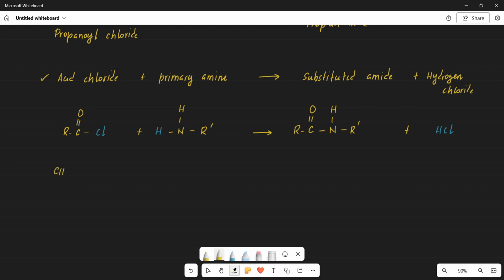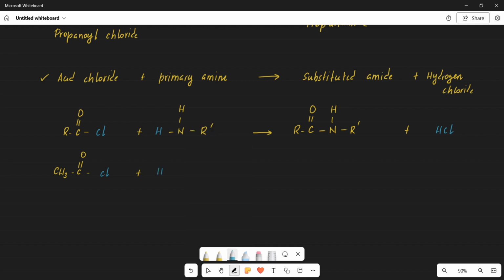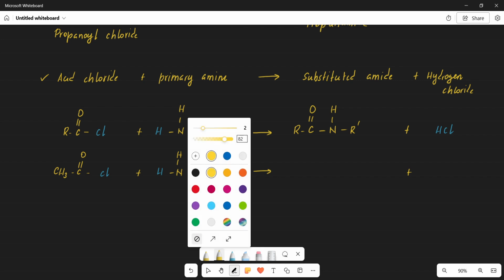So I'll take an example like R is replaced by a methyl group. So we know that it is ethanoyl chloride. And R dash is replaced by, let me say, an ethyl group. Even you can have a methyl group, it doesn't matter. I'm having an ethyl group. So what I will get is, I'm going to get HCl.